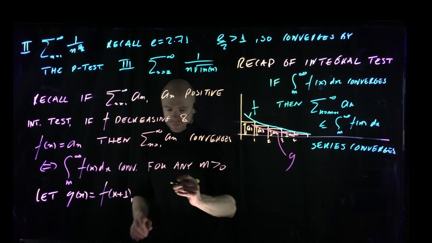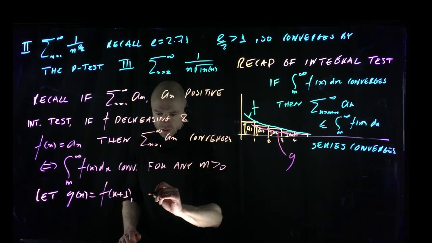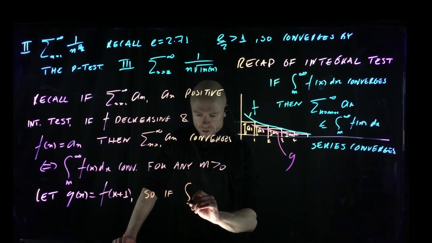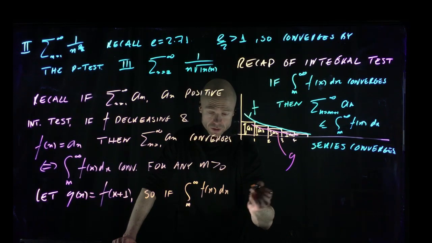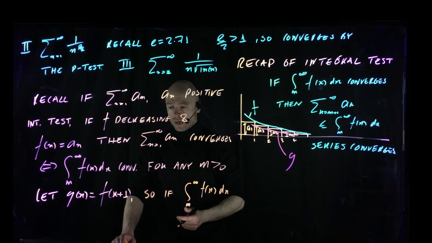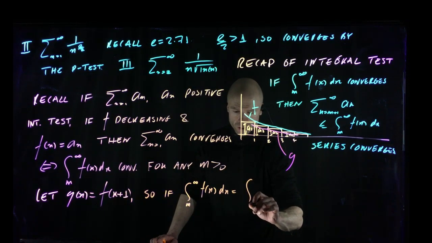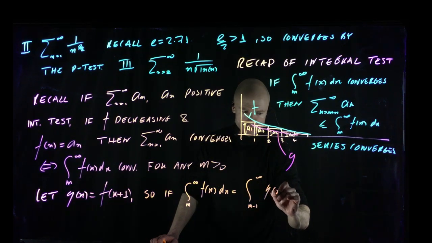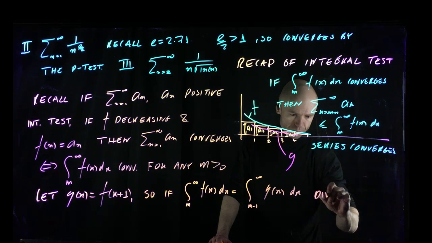Okay, so consistent. So if the integral from m to infinity of f of x dx diverges, what's that? If we do a substitution and we let x be this, then this is the same as the integral from m minus 1 to infinity of g of x dx diverges.